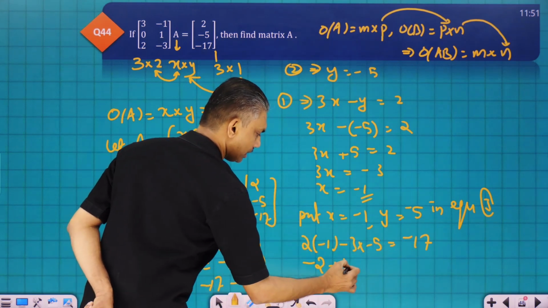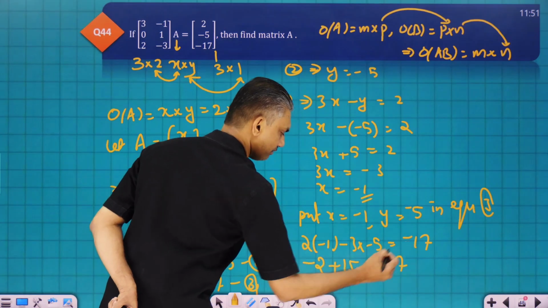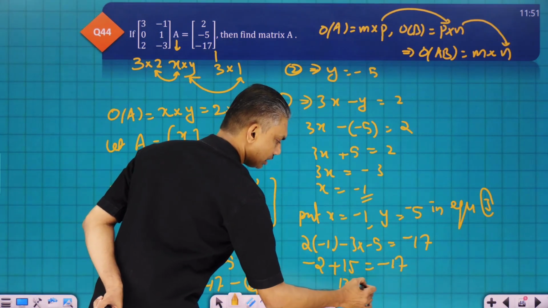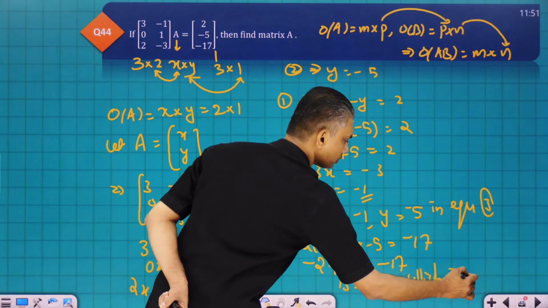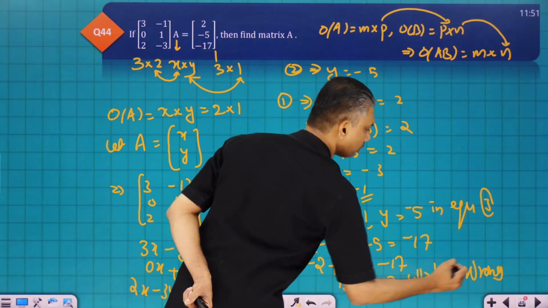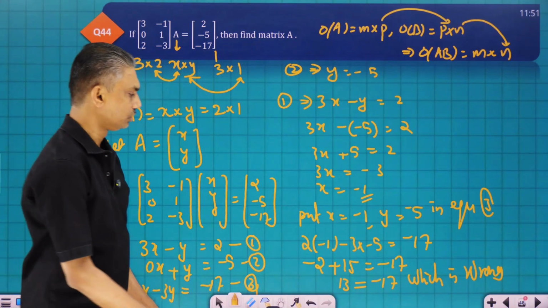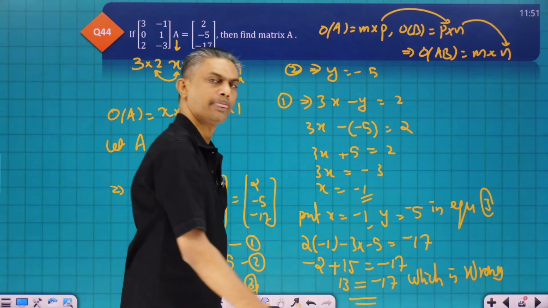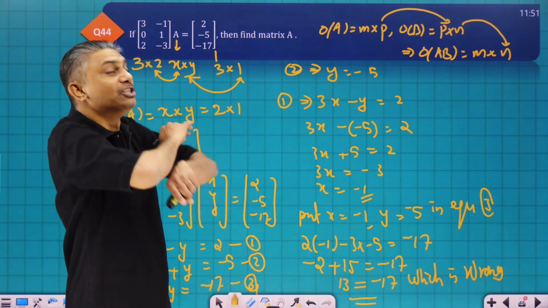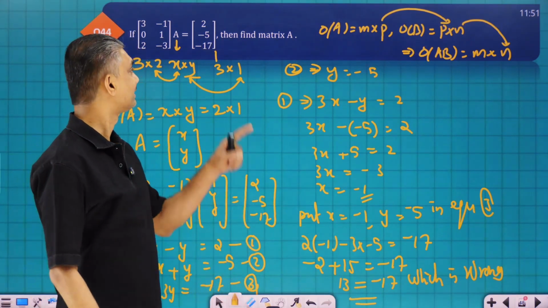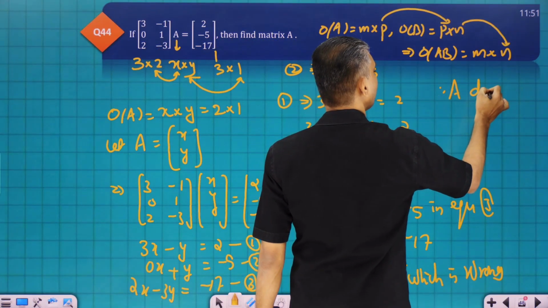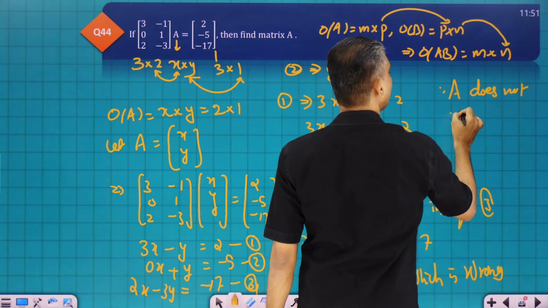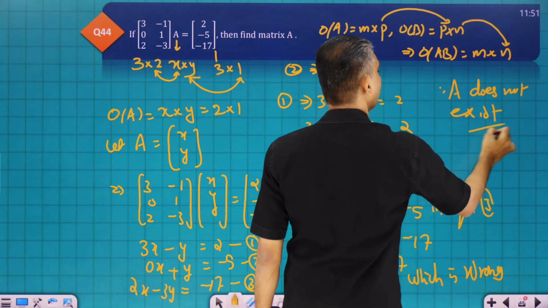So, minus 2 plus 15 is equal to minus 17. 13 is equal to minus 17, which is wrong. So, this is impossible. That means there is no matrix A that exists. Therefore, A does not exist.